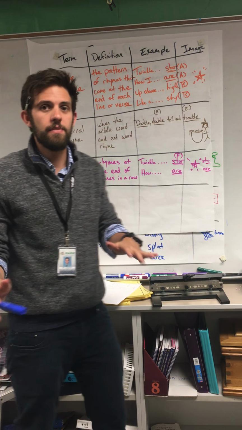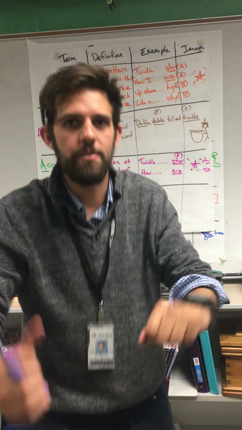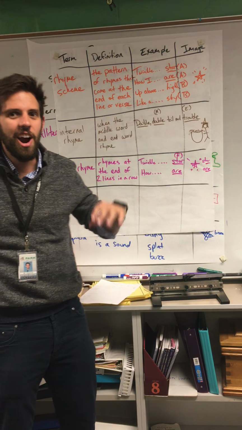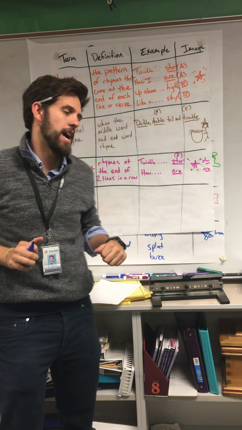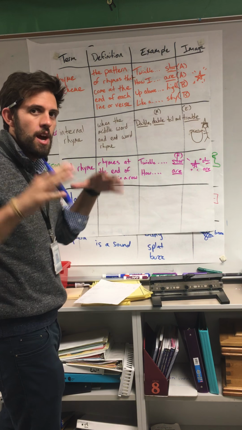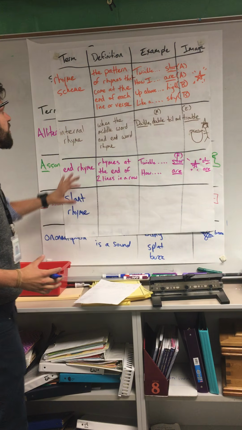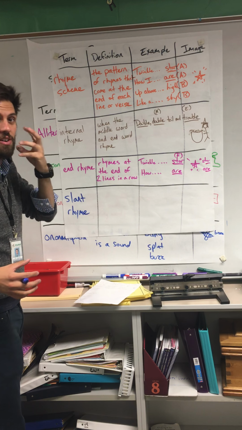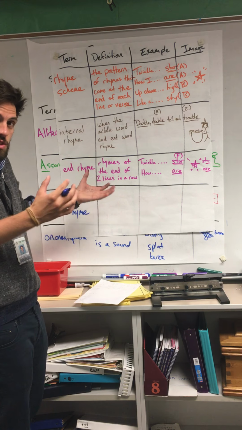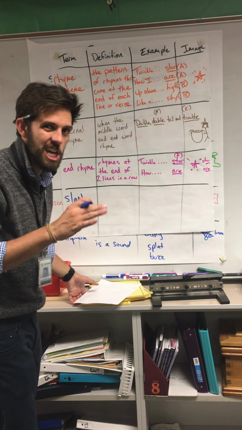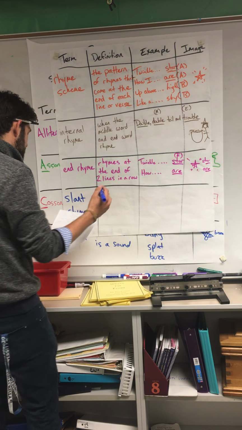Alright, slant rhyme's my favorite because you don't actually have to rhyme very well. It's words that are close enough to rhyming. They're not perfect rhymes, but they sound a lot the same. Often because they have similar consonants. Their vowel sounds are so similar, so it sounds like it's rhyming. It's kind of like cheating if you're rhyming.